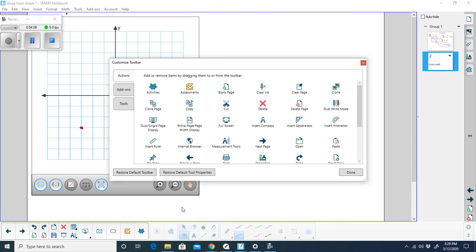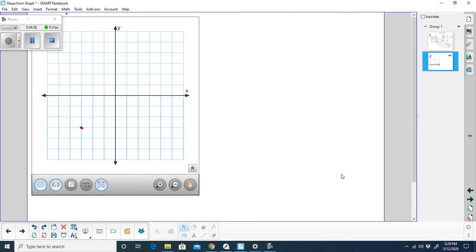Okay, oops. Sorry, folks. If I were to go from this point here, let's move that away. This point here to this point here, and I connect them with a line, right? That line is going up and to the right.